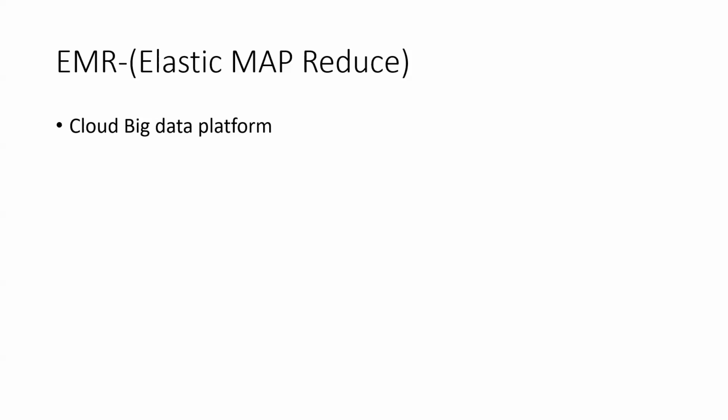For task nodes, we can have multiple EC2 instances because the task nodes work on the MapReduce concept. You are executing some job in the backend, and the job will be processing the data. The entire processing of data should go parallelly.